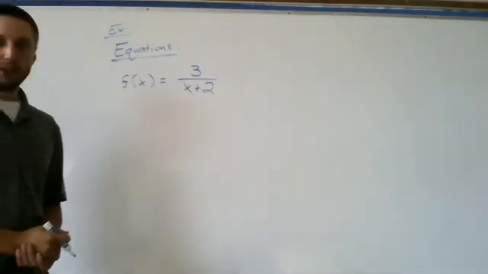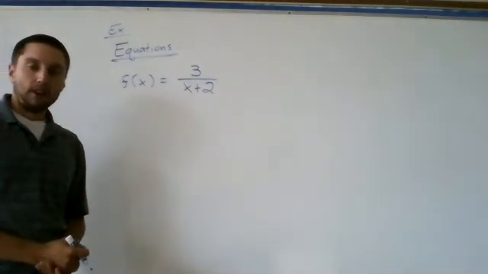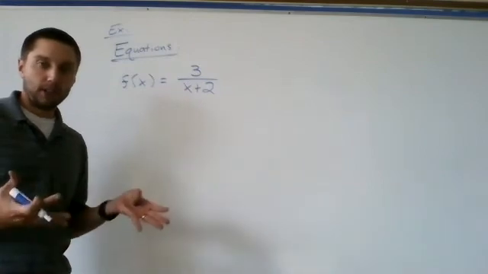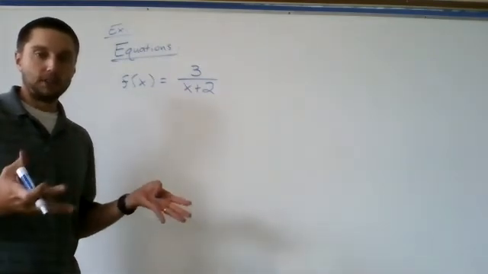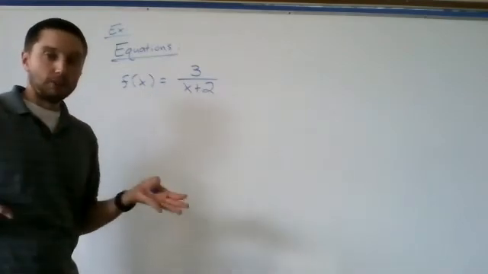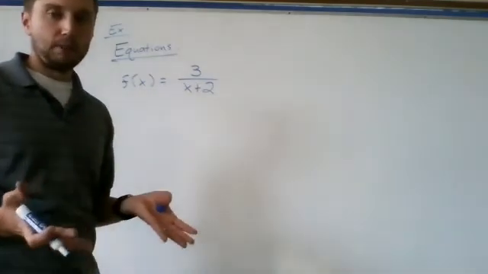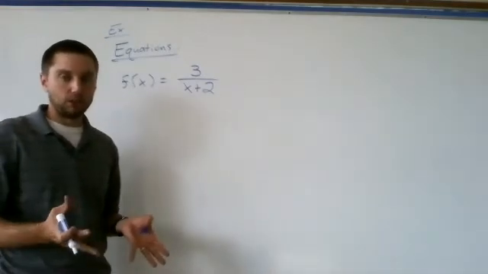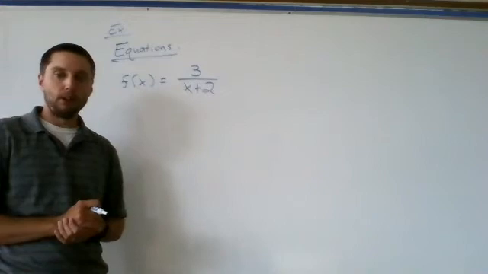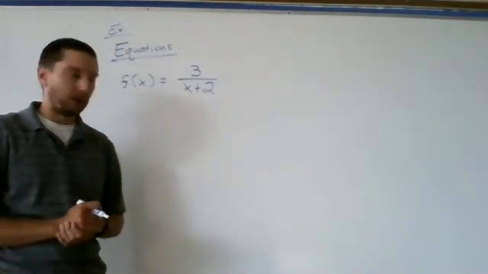f of x equals 3 over x plus 2. Now, in my head, I kind of have an idea of what this graph looks like because I know what this is going to graph. All right. Now you learned about it last year, but maybe you haven't mastered it. Maybe you're not sure what this is going to look like as a graph, and that's okay. But here's what I want you to start thinking about when you try a couple homework problems.